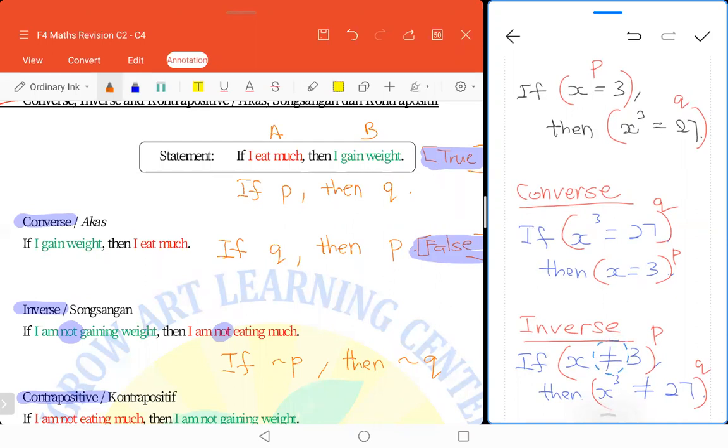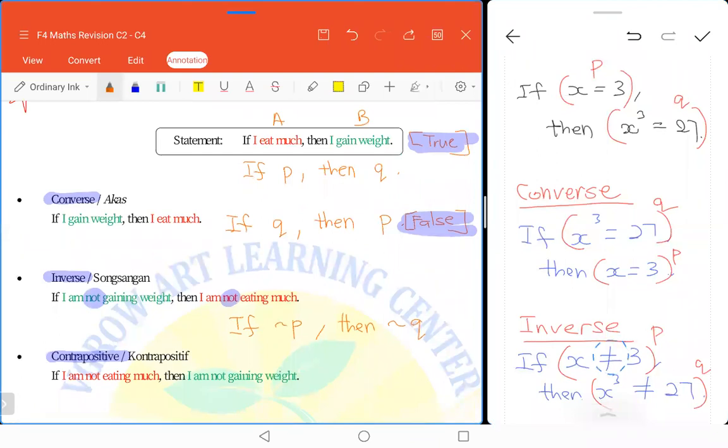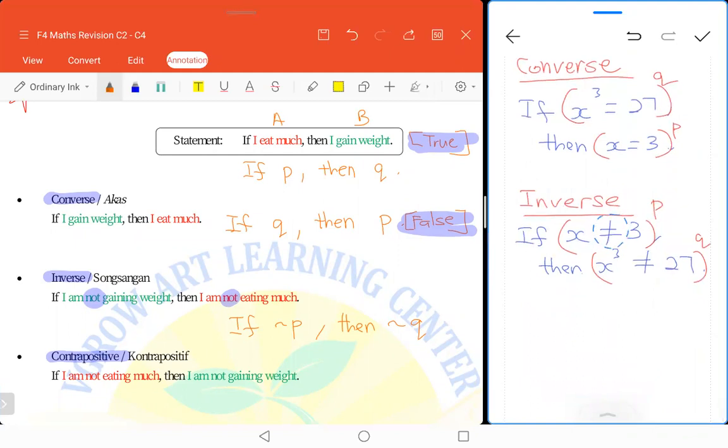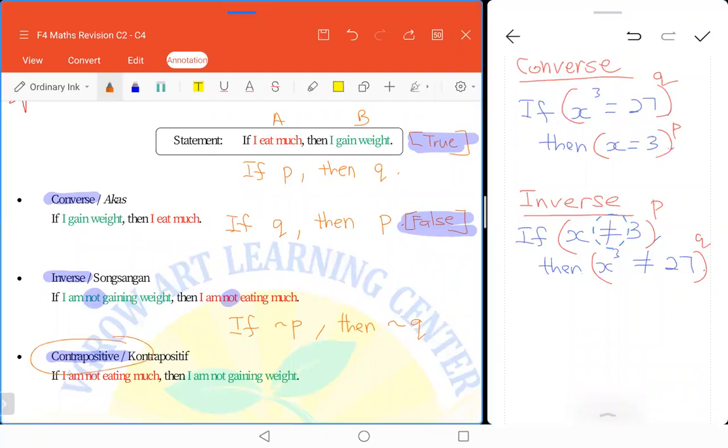Okay, then the last one: contrapositive. Contrapositive means we refer to the inverse statement and you change the sequence. For contrapositive, refer to the inverse, then you change the sequence.